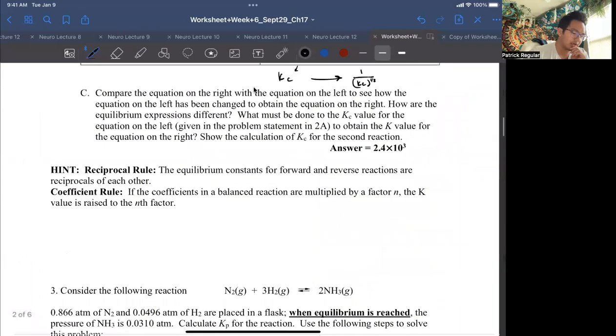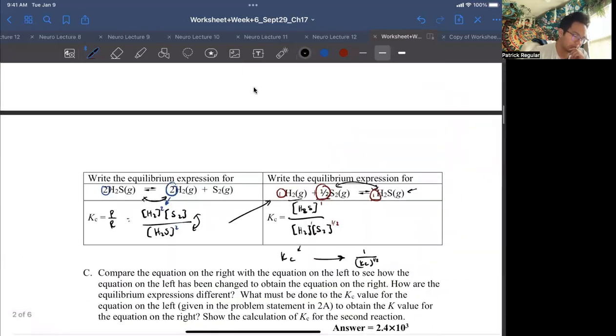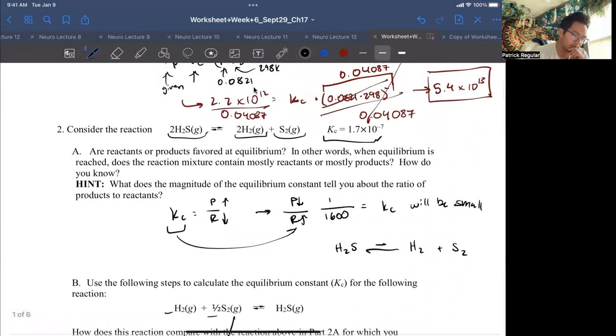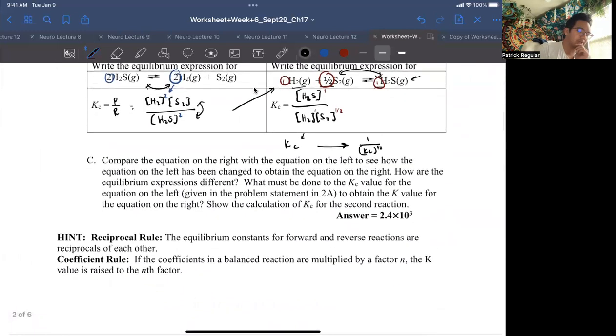So if you're given a K value of, I think it was given up here, 1.7 times 10 to the negative 7, what is our new K value? So if our initial K value was 1.7 times 10 to the negative 7, well, remember, we flipped it, reciprocal rule.